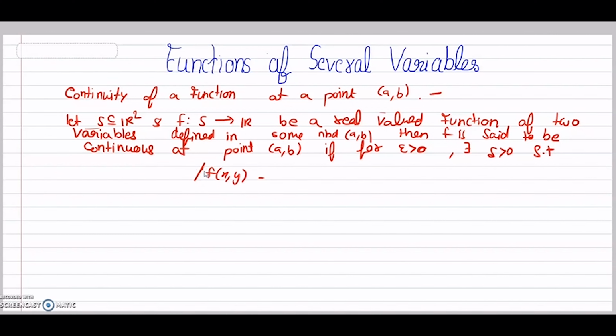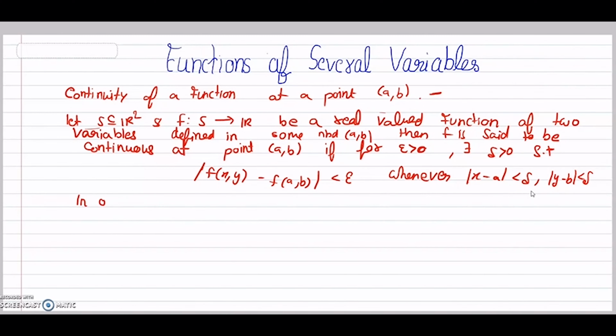modulus of f(x,y) minus f(a,b) is smaller than epsilon whenever modulus of x minus a is smaller than delta, modulus of y minus b is smaller than delta.